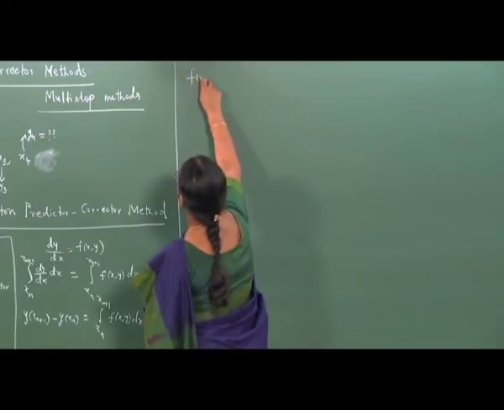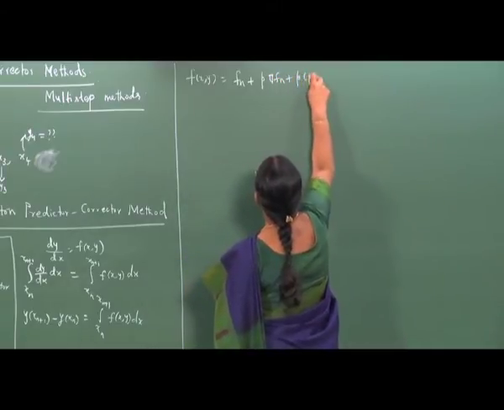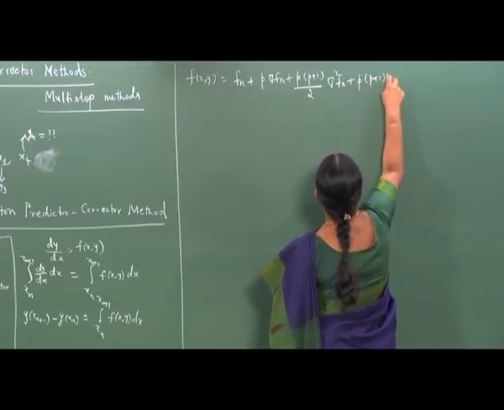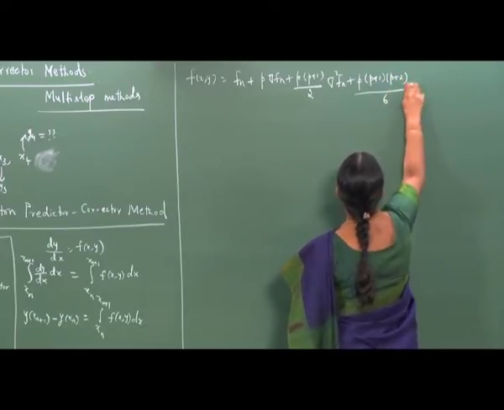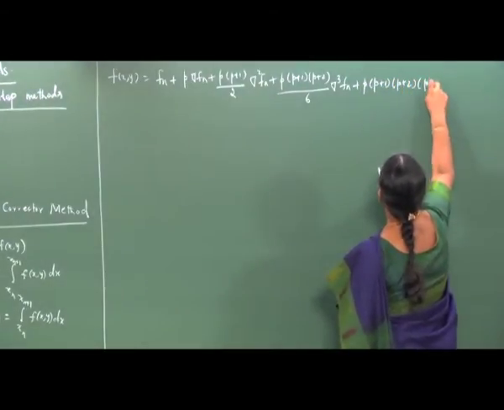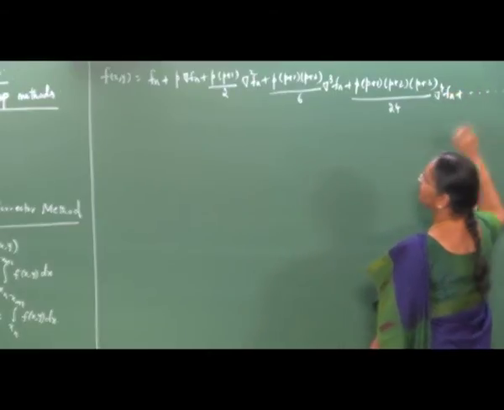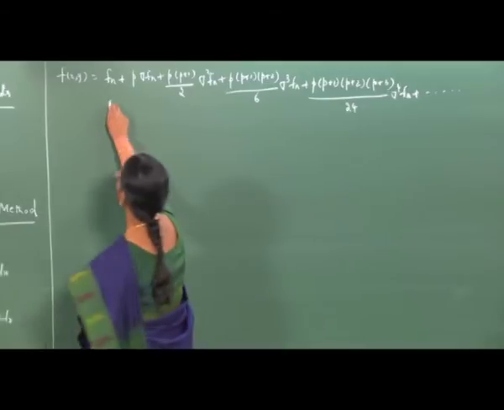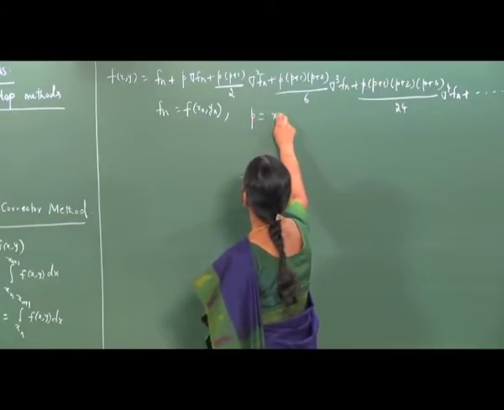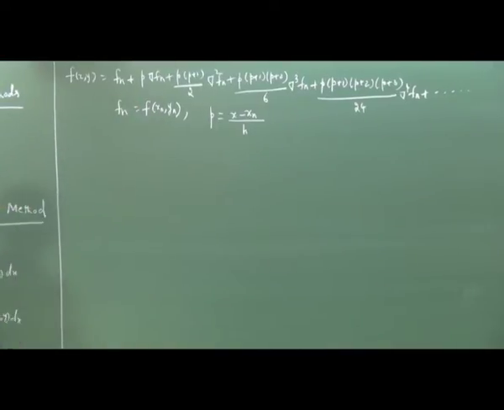So, f of x comma y is f_n plus p into delta f_n plus p into (p plus 1) by factorial 2 into del square f_n plus p (p plus 1)(p plus 2) by factorial 3 into del cubed f_n plus p (p plus 1)(p plus 2)(p plus 3) by factorial 4 into del power 4 f_n plus etc. So, by f_n I mean the value of the function at x_n, y_n, and by p I mean (x minus x_n) divided by h.